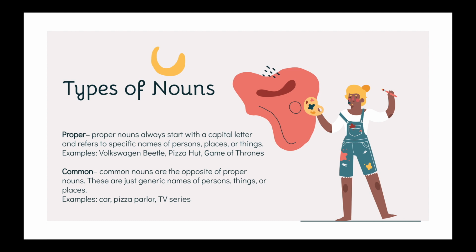Proper nouns always start with a capital letter. They refer to the names of persons, places, or things like Volkswagen Beetle, Pizza Hut, or Game of Thrones. While common nouns are just generic names of persons, things, or places, for example human, car, pizza parlor, or TV series.